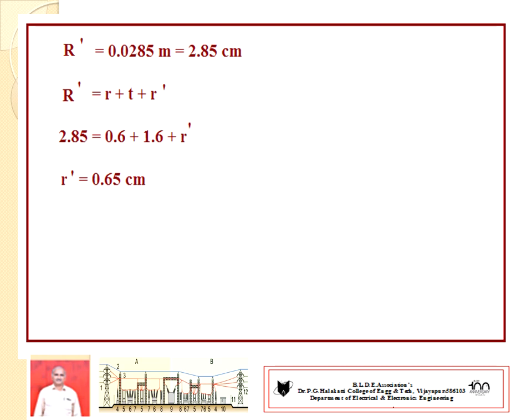R dash equal to 0.0285 meter. So it may be equal to 2.85 centimeter. Therefore, R dash equal to r plus T plus T dash. R dash value equal to 2.85, r you are knowing 0.6, T you are knowing 1.6. Therefore, T dash equal to 0.65 centimeter.